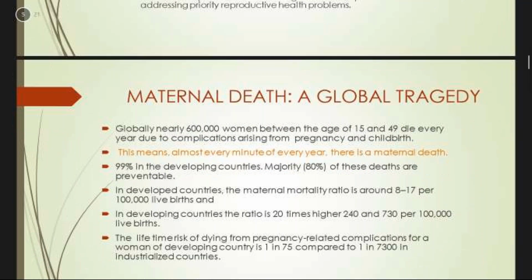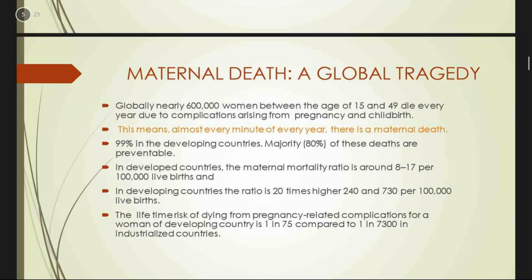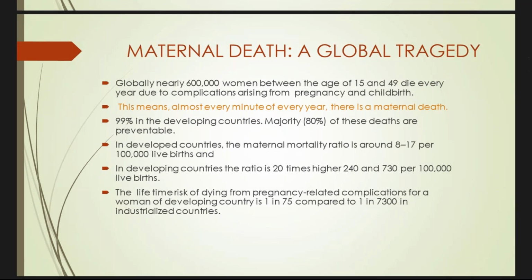So maternal death, obviously it's a global tragedy. Compared to other forms of mortality, maternal mortality is a very unacceptable thing. So globally, women between 15 and 49 years, that is the reproductive age group, die every year. 6 lakh women die because of pregnancy and childbirth and related conditions. So this is totally unacceptable and a high figure.